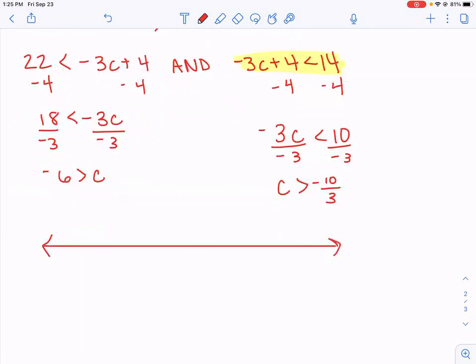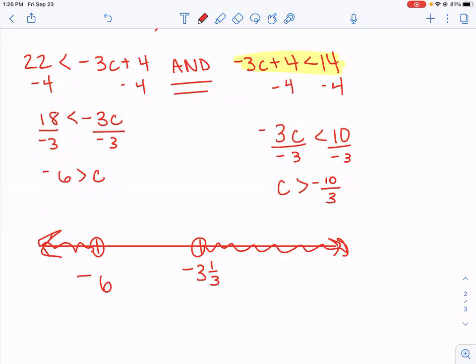Okay, so here is negative 3 1/3. I want it to be bigger. And here's negative 6. I want it to be smaller. This is an and statement, so it needs to overlap.